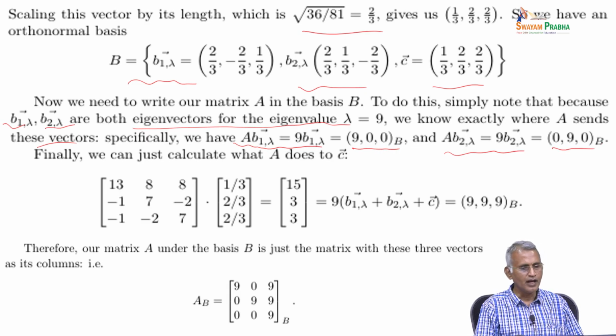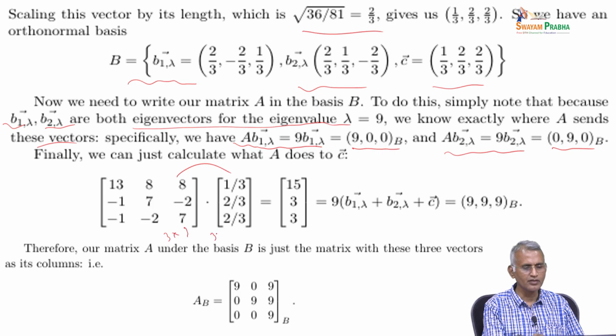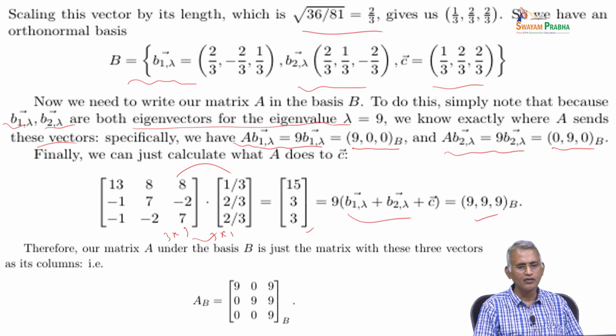As per the Schur technique, we multiply the given matrix with this set of vectors and the vector C; this is 3 cross 3 and 3 cross 1, so we get a 3 cross 1. So, 15, 3, 3 will come, and 9 times B1 lambda, which is 2 by 3, minus 2 by 3 and 1 by 3, gives 9, 9, 9, B.